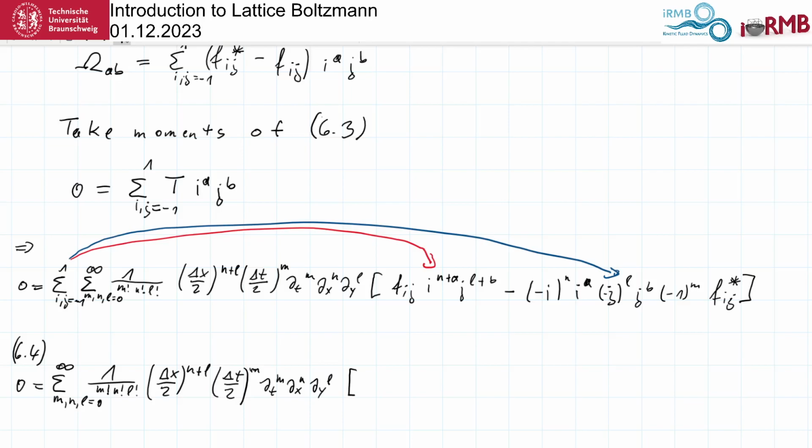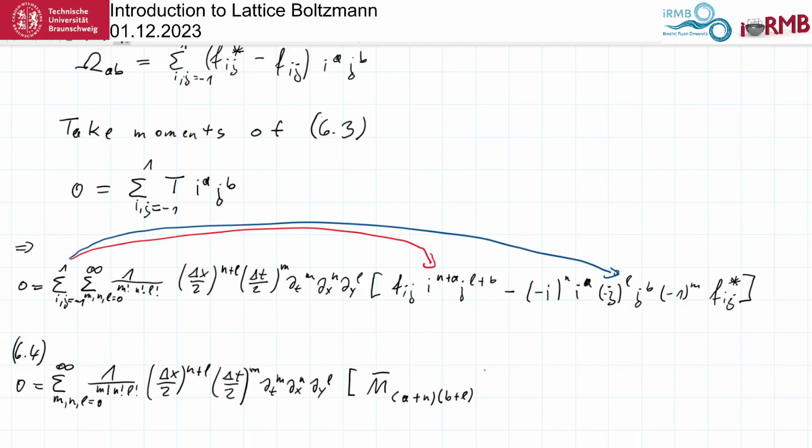And now we'll have the moments, so the average moment, which is the sum of f and f star, and the moment that we get is a plus n in x, and b plus l in y, because we have these sums here.